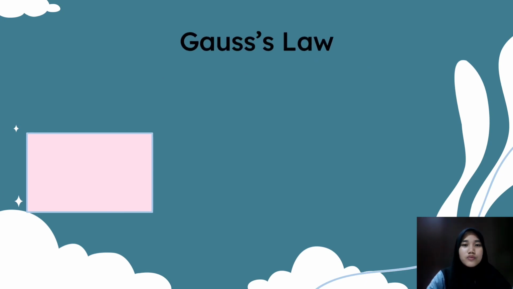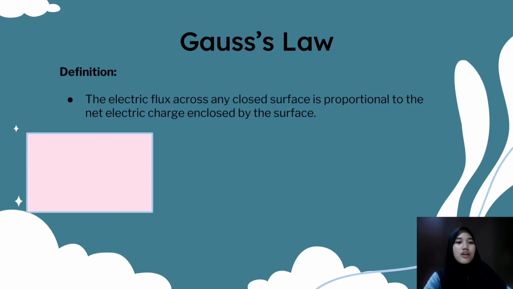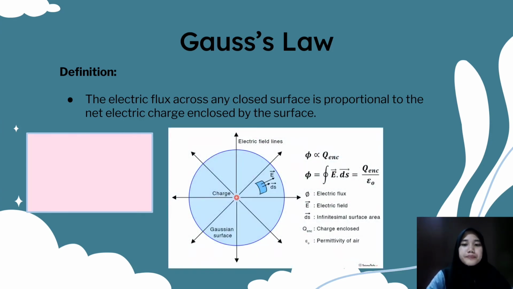So next we move to the next subtopic, which is Gauss's law. The definition of Gauss's law is the electric flux across any closed surface is proportional to the net electric charge enclosed by the surface.